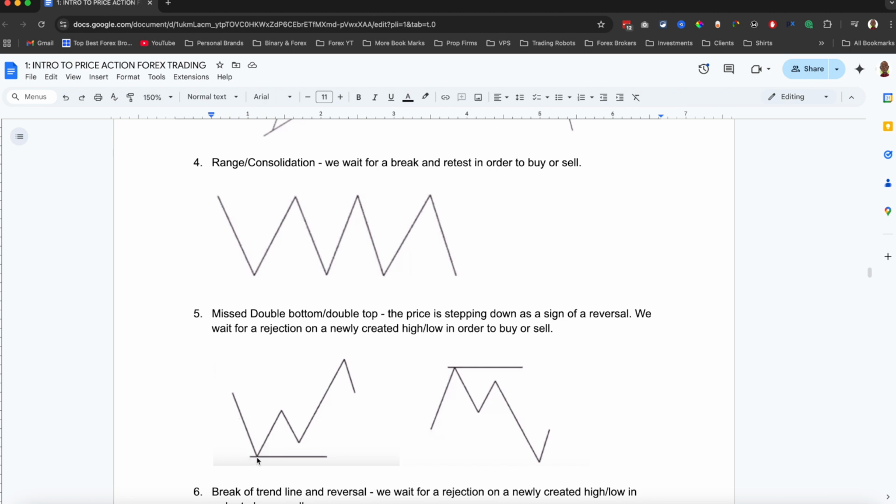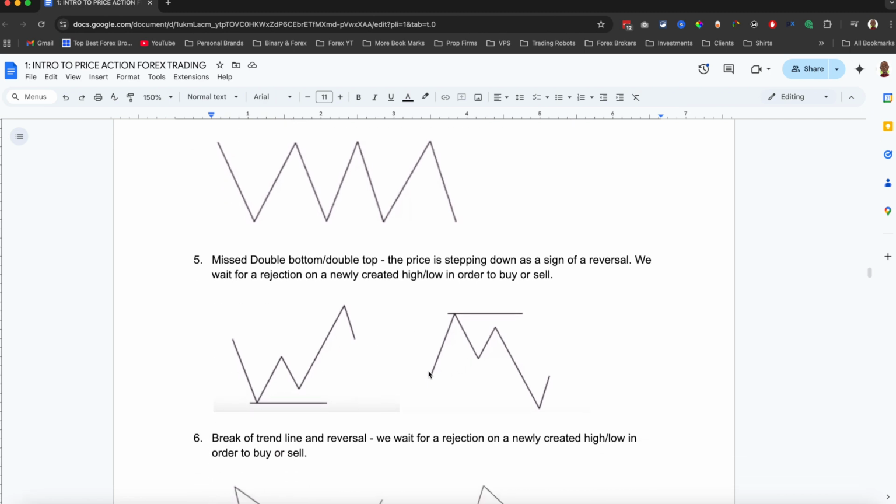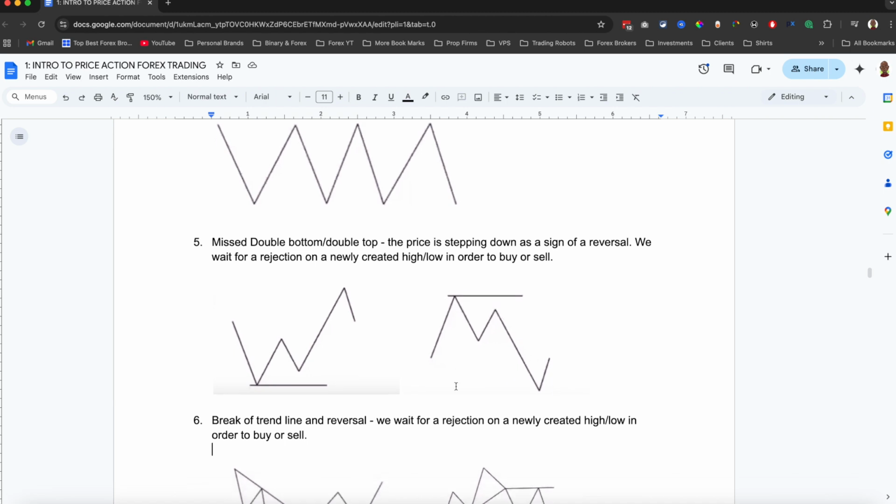Instead of reaching to this point here, the price is going up, right? And the same as this one, the price is going down. So there was the last high, the price is respecting that high. So maybe there was an order block here, and then the price is going down.